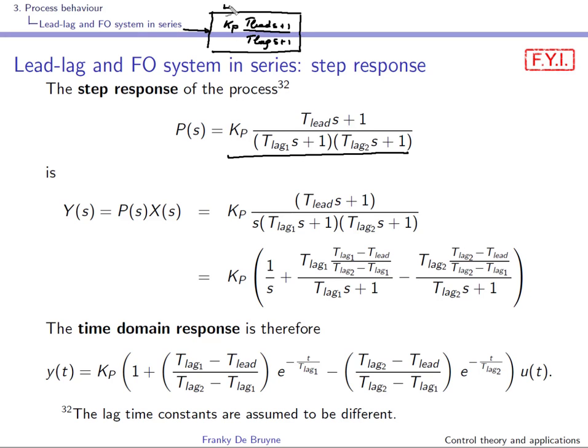So this is what we have studied just before, and this lead lag is followed by a first order system, where the time constant is of course t lag 1, and it is followed by a first order system with lag time constant t lag 2, right?